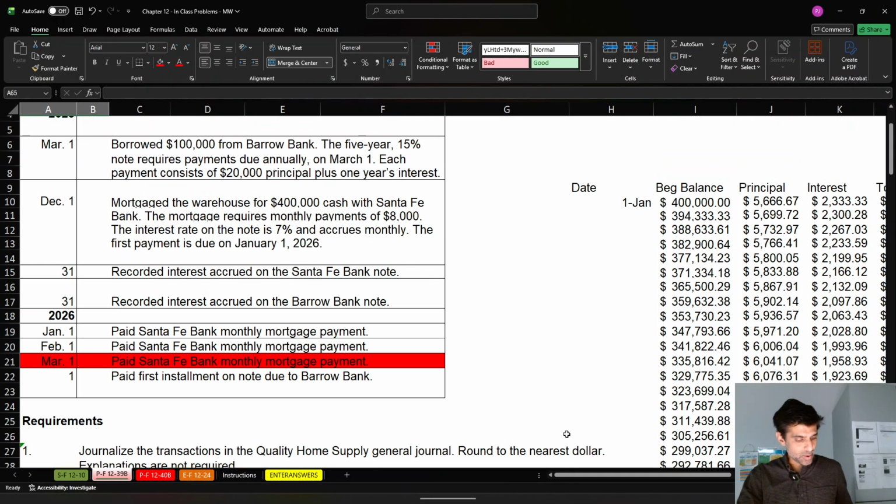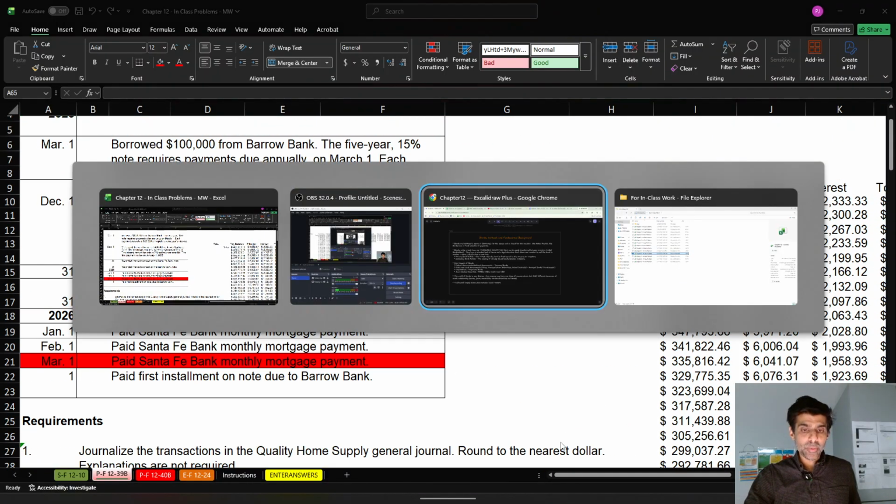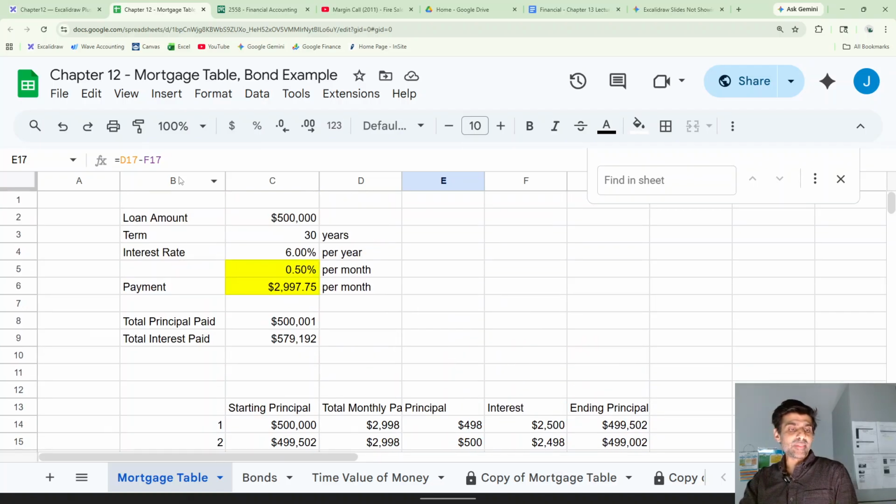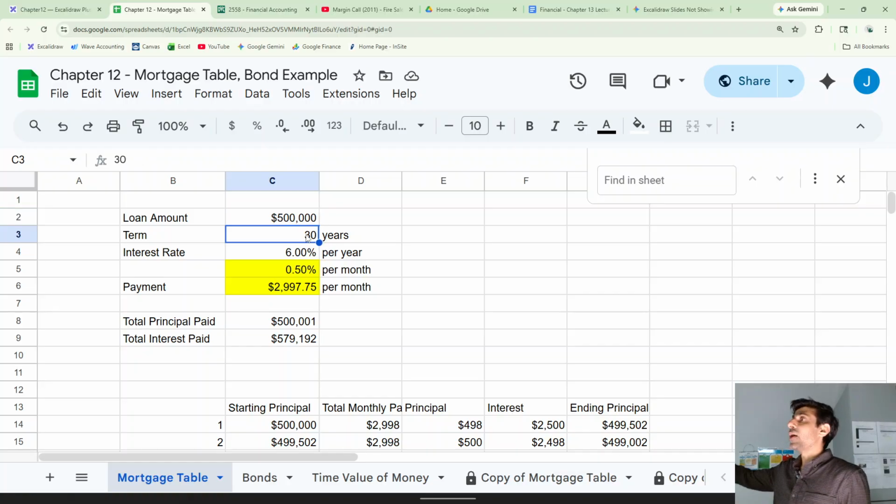Okay, so again, in this problem, you didn't need to use the PMT function because they told you what the payment is. But let's say they just told you the loan amount, the term. So they didn't tell you the term of this loan, right? That's why it's left ambiguous, because they gave you that $8,000.